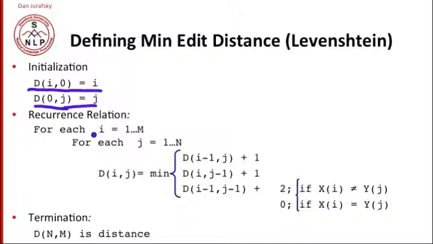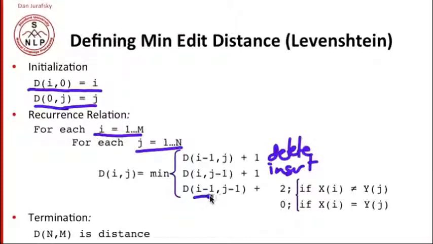So walking through string x and walking through string y, the distance in any particular cell of our matrix is going to be the minimum way of getting to that cell from 3 previous cells. If we go from the string i that's one shorter, so we're deleting one more thing in i to make it j, or we're inserting one thing into j to make it longer, or we're substituting between the previous strings, x of length i minus 1 and y of length j minus 1, and we're adding in a new character.